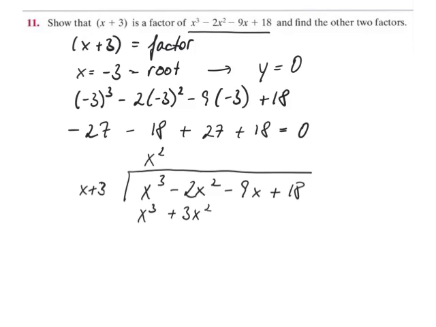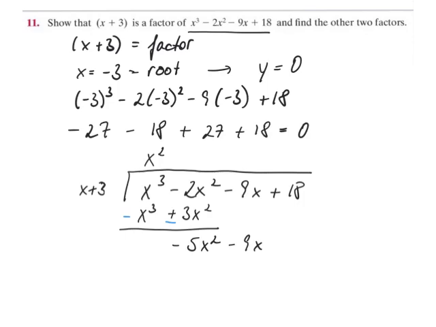We change the sign, minus and minus, and then add. x cubed minus x cubed is gone. Minus 2x squared minus 3x squared is now minus 5x squared. I bring the next one down, minus 9x, and I start to divide again.